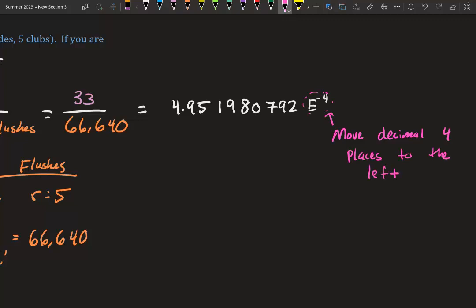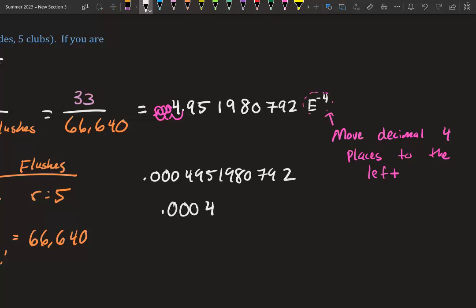So if we move it 4 places to the left, we have 3 zeros. So we actually have 0.0004951980792, which if we wanted to just round that to a nicer number, let's say 0.000495. So that's the decimal.